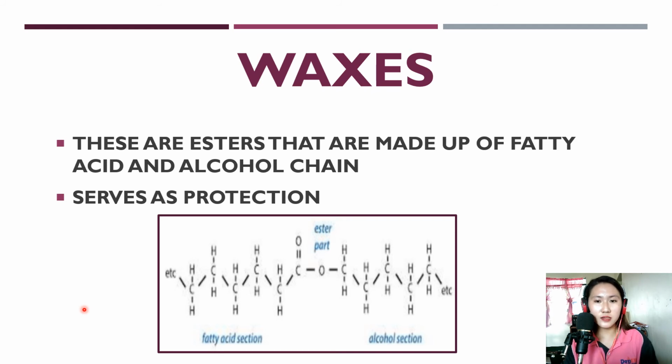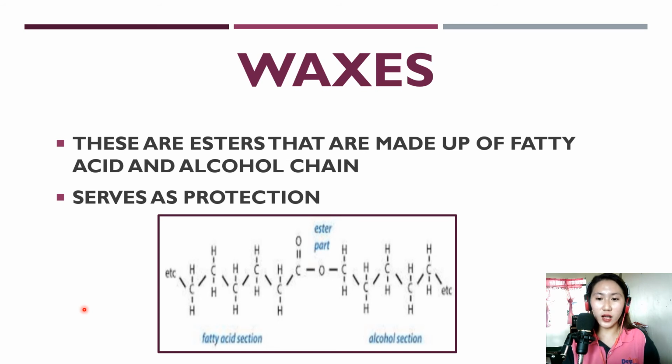And in animals naman, it is the outer coating on some of the animals. So pag makakita kayo ng plants na medyo waxy yung leaves, this means na meron siyang lipids, okay, na nagpro-protect sa kanyang leaves.